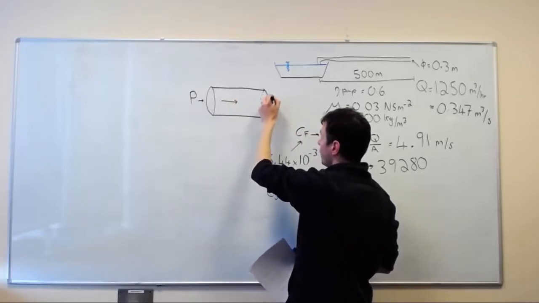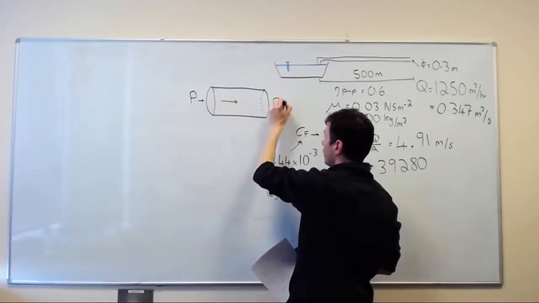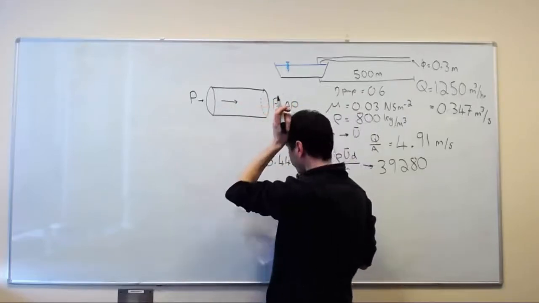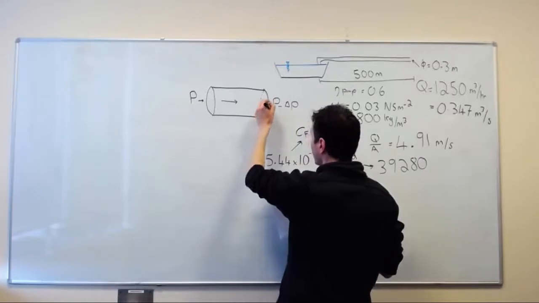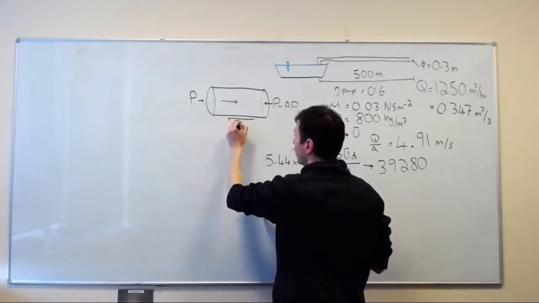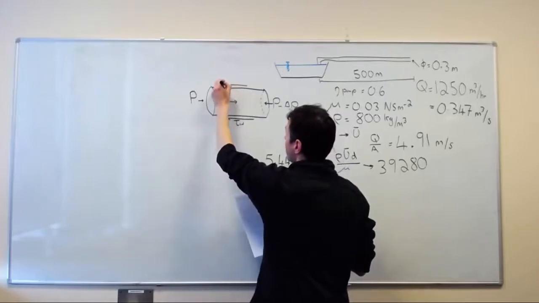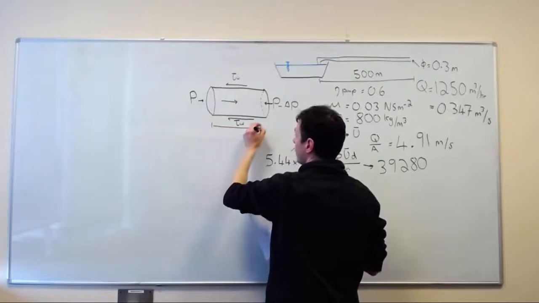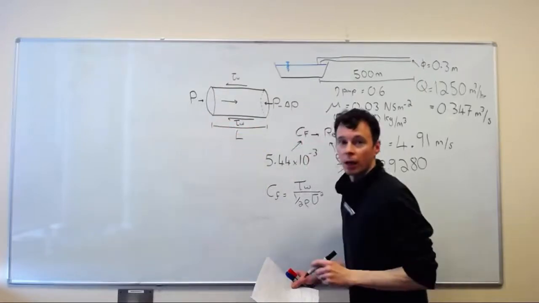Here we have P minus delta P, so any change in pressure acting in that direction. We've got the wall shear stress opposing the motion of the fluid. And again, that's all acting along some length L.